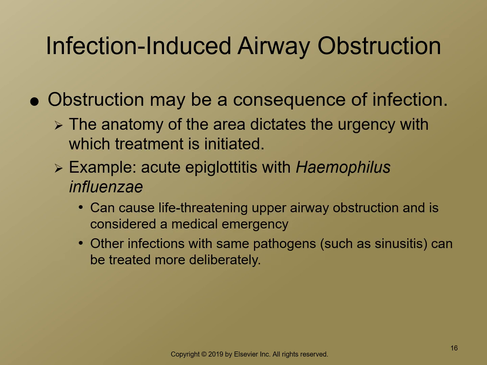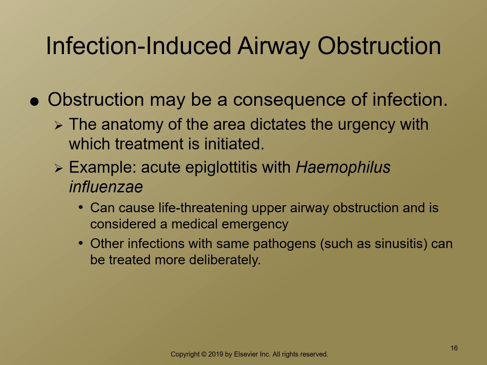Another way in which respiratory tract obstruction can be a factor in infectious disease involves compromise of breathing. So this obstruction is a consequence of the infection, in which the anatomy of the area determines the urgency with which treatment needs to be initiated.